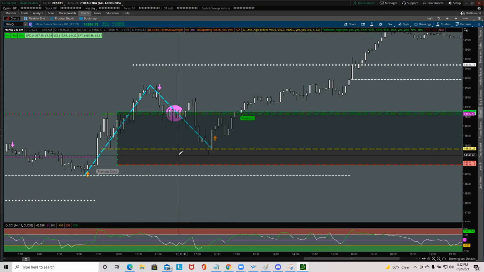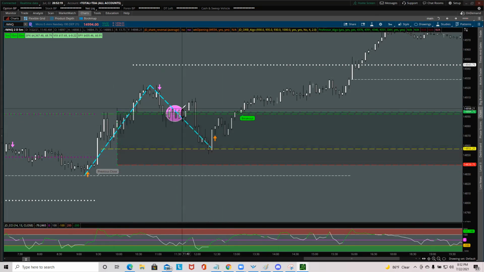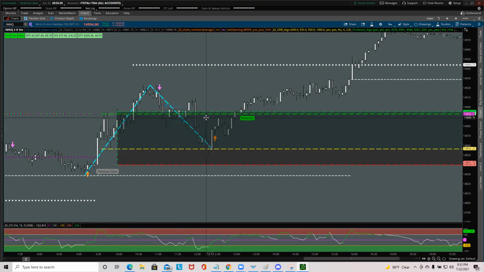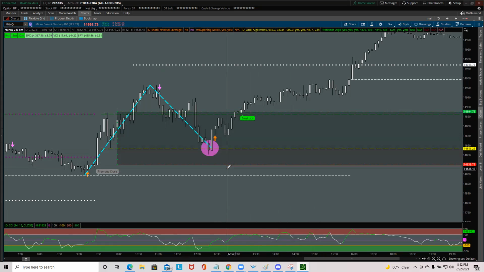That is a big stop if I'm only going for this as target number 1. So the ideal trade, which this was perfect, and I've done this many times, is why we have to be patient. This is the best trade, because the risk was only about 15 points. I would enter right here at the yellow line and put a stop below the red line, so basically a 20-point stop.